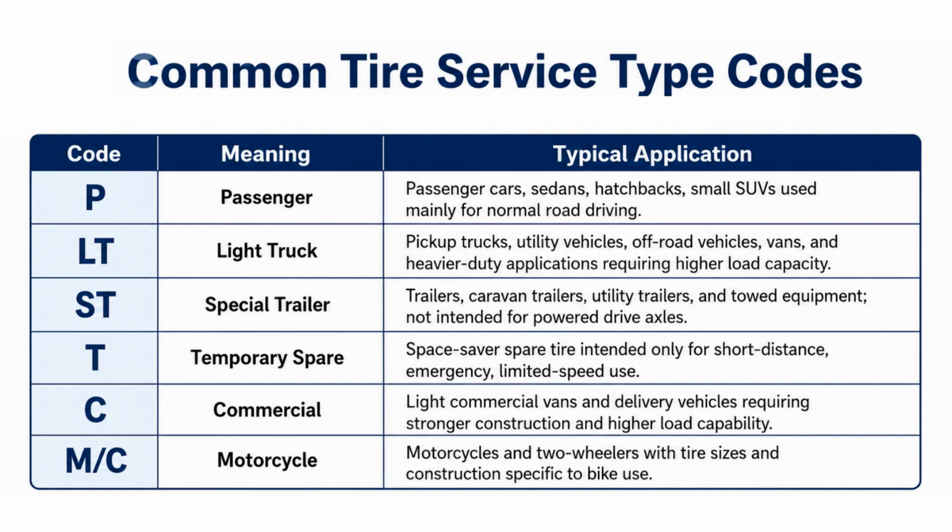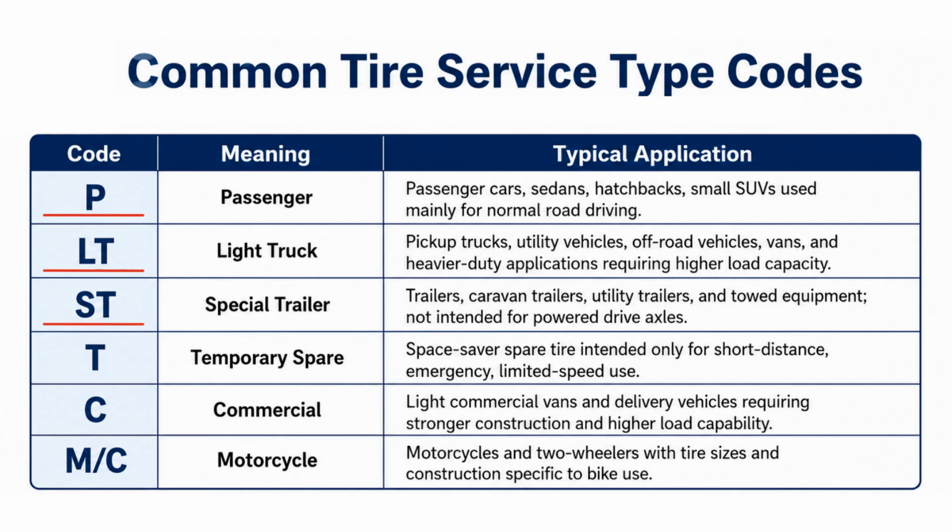This table explains the common tyre service type codes used on tyre sidewalls and what kind of vehicle each code is meant for. The code P stands for passenger, used for normal passenger cars and small SUVs. LT means light truck and is commonly used for pickups, utility vehicles, off-road vehicles, and heavier-duty applications.